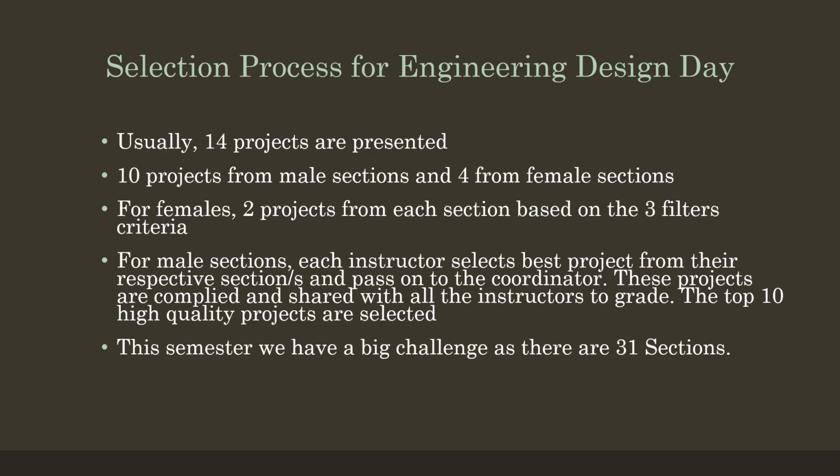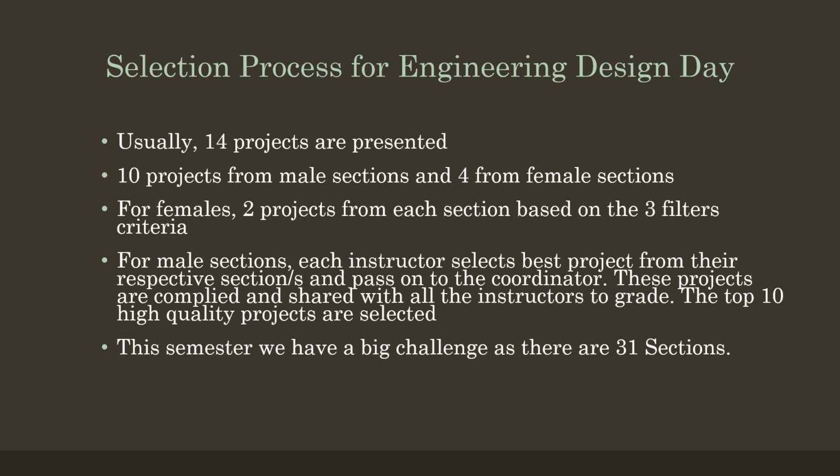Now this semester we have 31 sections. Imagine if we cannot present 31 projects, which I don't think we can, the competition will become very high. So usually we ask our instructors to select the best project or projects out of their sections.